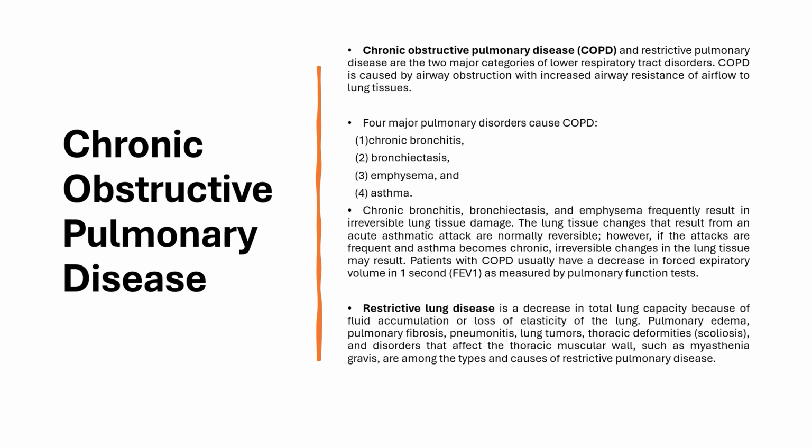COPD has four types: chronic bronchitis, bronchiectasis, emphysema, and asthma. Chronic bronchitis, bronchiectasis, and emphysema are a result of irreversible lung tissue damage. The lung tissue changes, which result from an acute asthmatic attack.